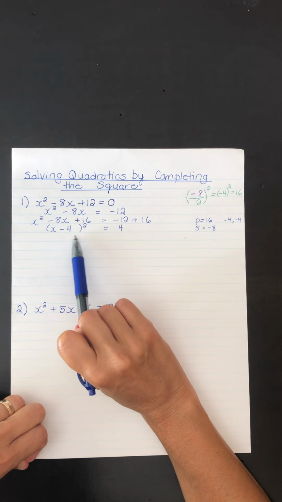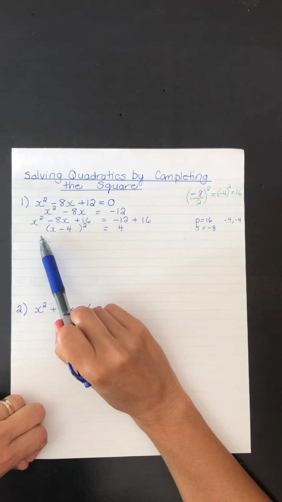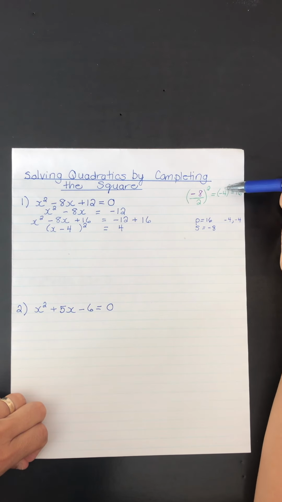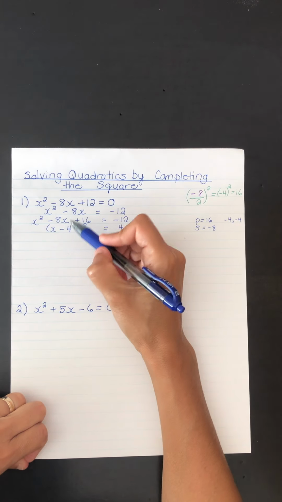In other words, x minus 4 all squared. A quick little tip for you is that inside the bracket here, along with x, will always be this number, the one obtained after you have divided by 2 and before you have squared. So that negative 4 is here.